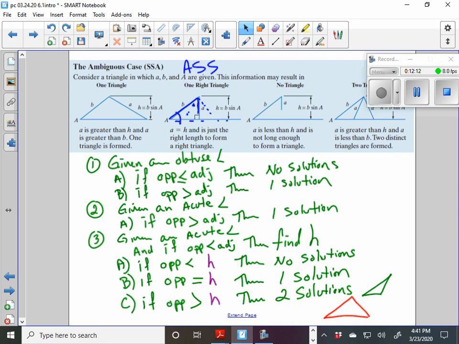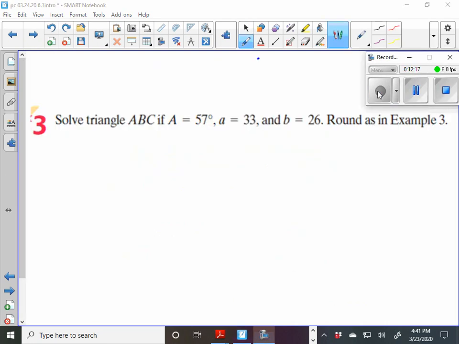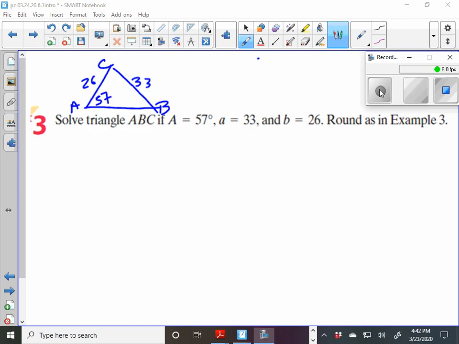All right, so let's work a problem. Okay, I only have about 3 minutes before I run out of time on this video, so I'm going to stop and do some work and let you guys analyze things. But to start with, we've got a triangle. So notice that we have an acute angle, and the side opposite of that acute angle is bigger than the side adjacent. That means we're going to have one solution, and you're going to solve this the same way we did the previous problems.